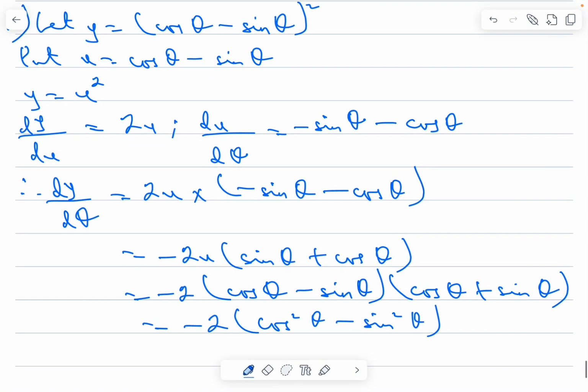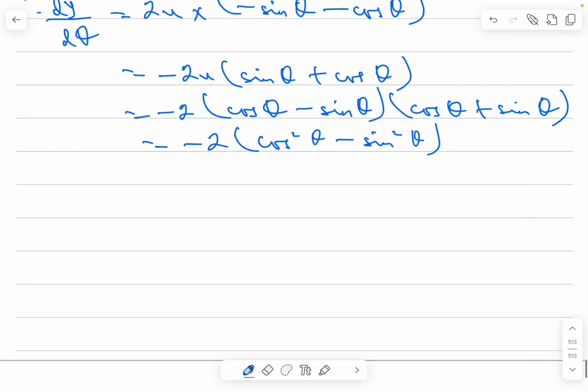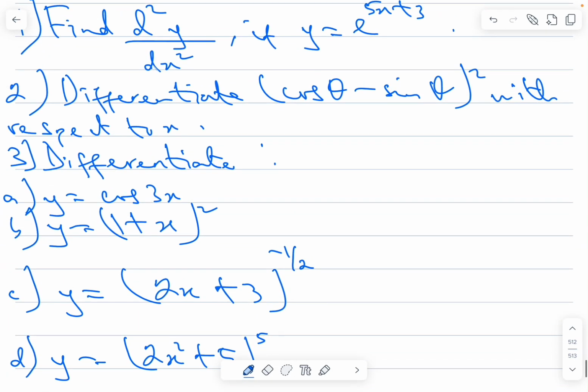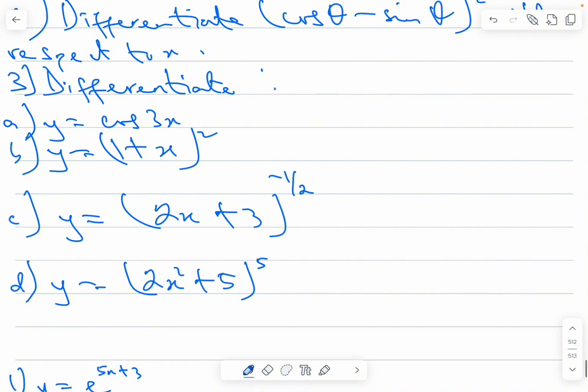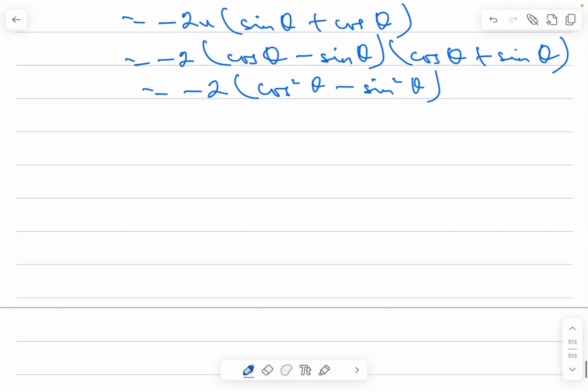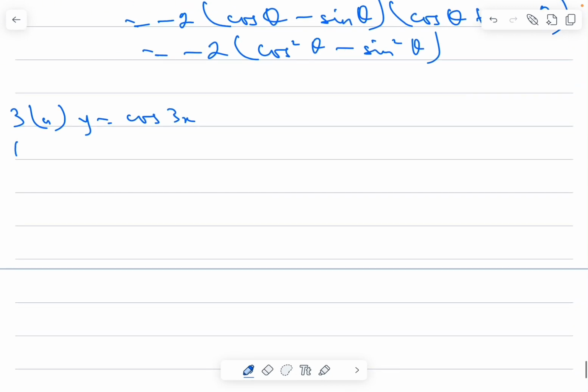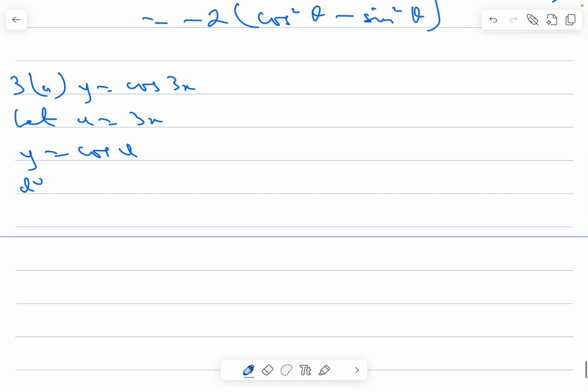Now we go to the next one. We go to number 3. Differentiate 3a, y equals cos 3x. Let u be equal to 3x. That means y equals cos u. dy/du will be equal to minus sine u, and du/dx will be equal to 3.